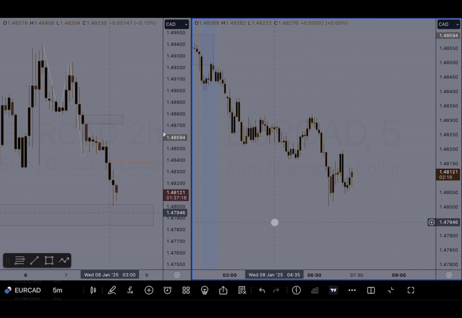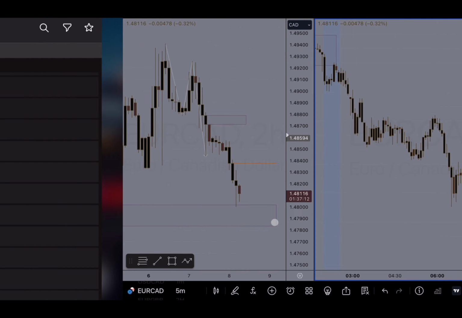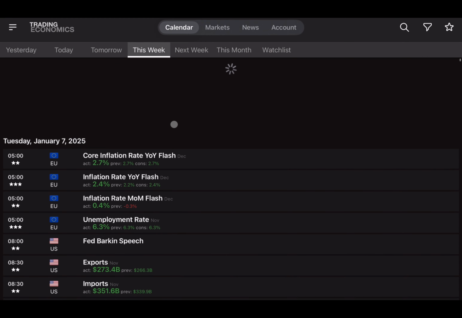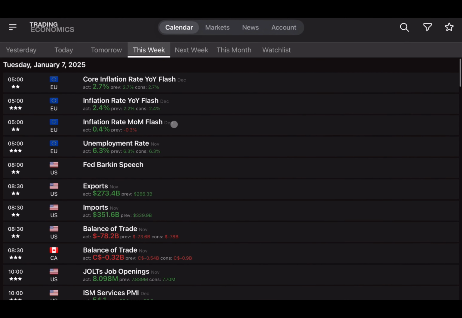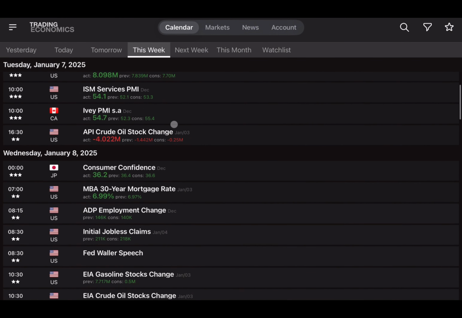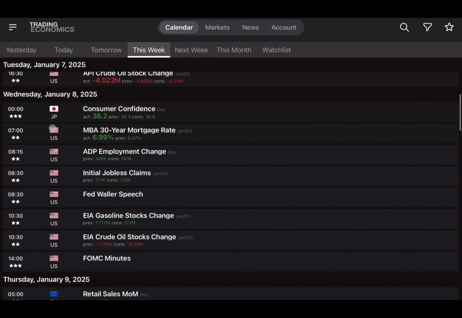Let's go ahead and look at our economic calendar and see what we have. We're just going to refresh. We have it pulled up for the week, but we can still refresh it. We're going to cycle to today's day, which is Wednesday, January 8th. Oh, okay, that makes a lot of sense.